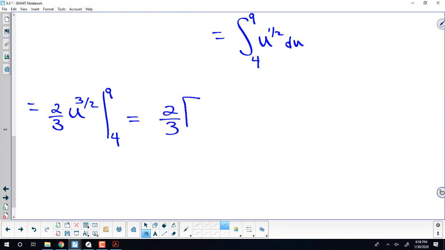This 2/3, plugging in 9, we've got 9 to the 3/2 minus 4 to the 3/2.